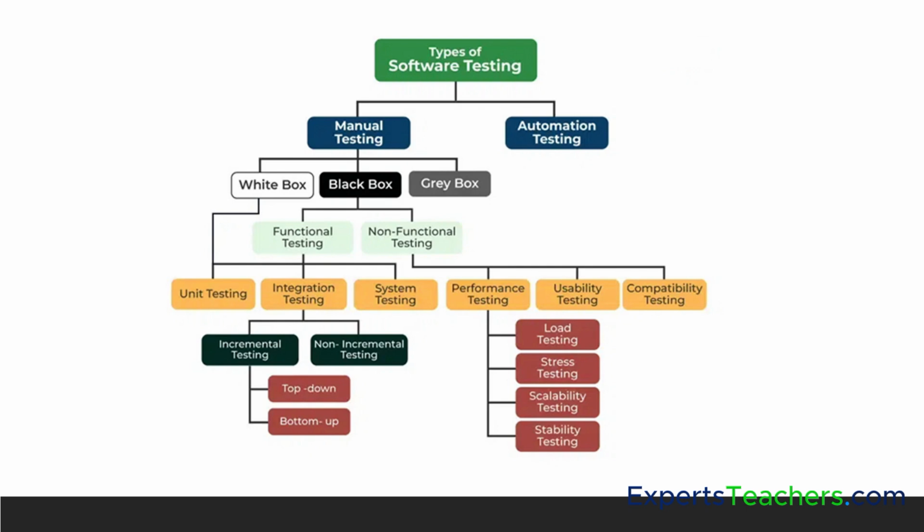Manual testing is further divided into three categories: white box, black box, and gray box. In black box, the user performs testing on the application or website without going through the code. He sees the application on the front end, checks whether the requirement is met, and executes the test cases.